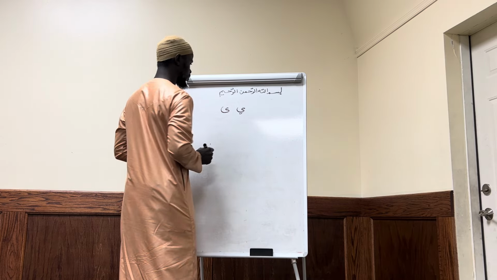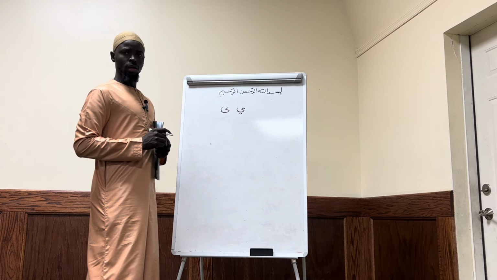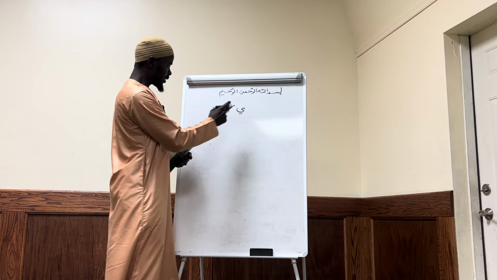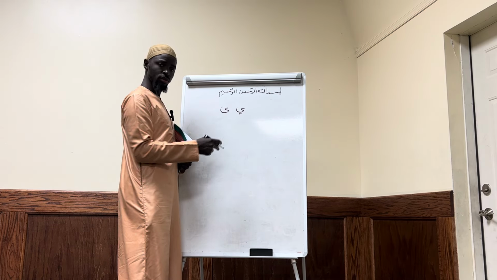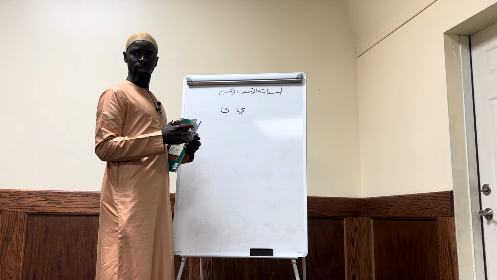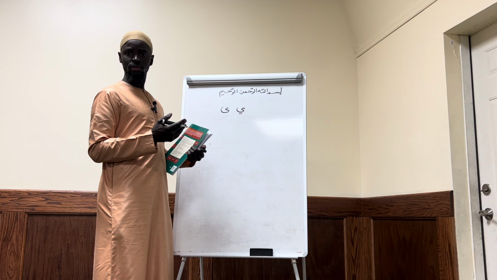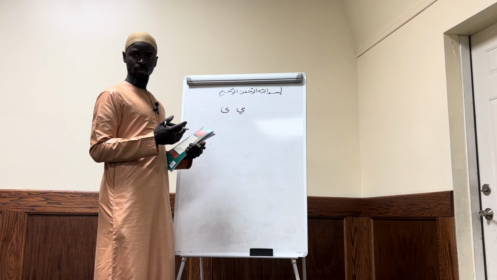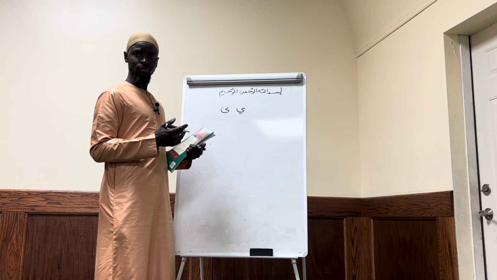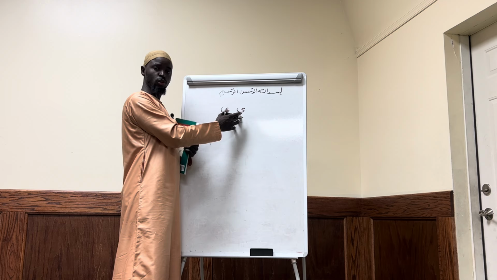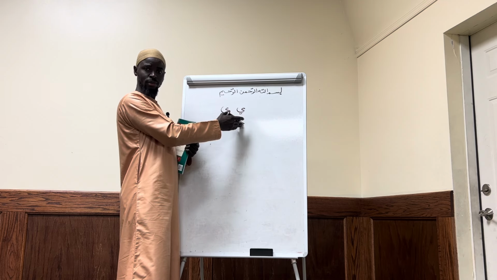So in Arabic, if you have this ya that has dot with another letter, the first thing you have to do is look at the vowels. Does the ya have vowels on top of it or at the bottom?